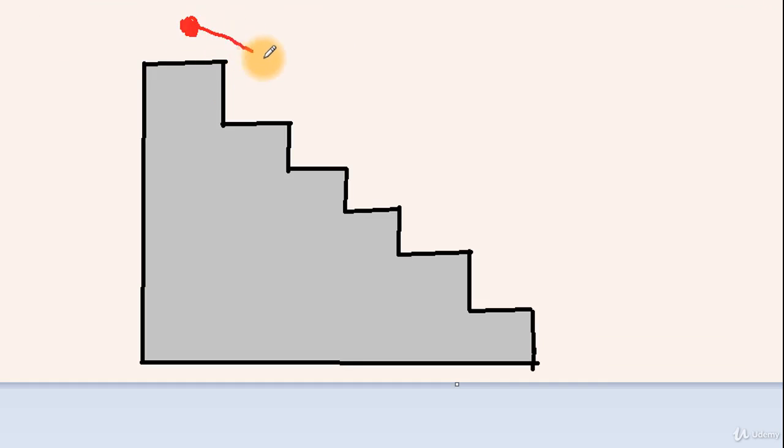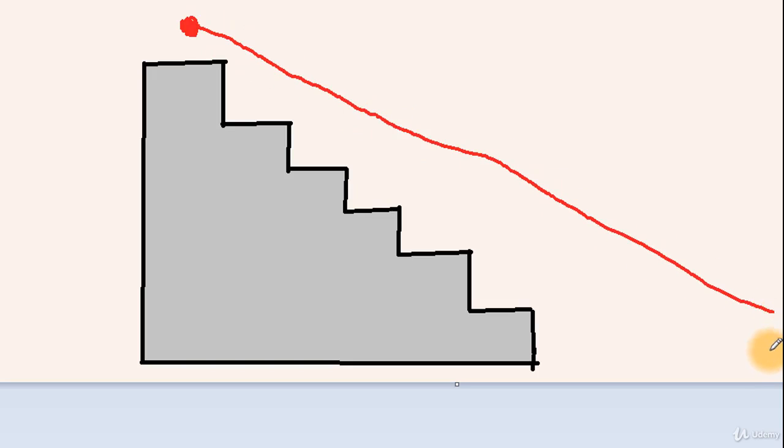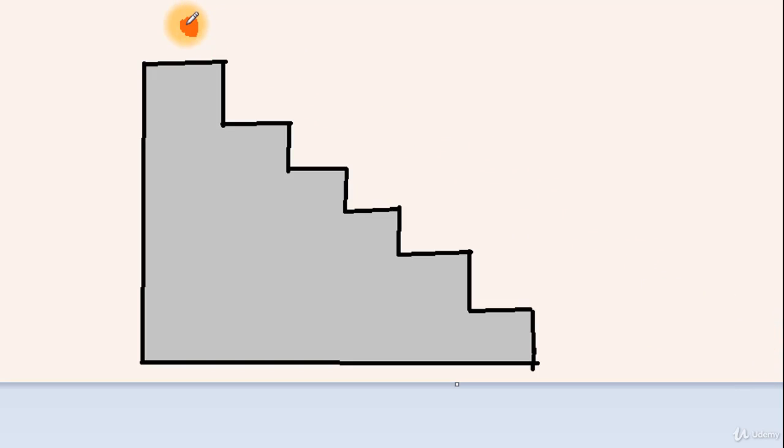Is this ball going to fall in a straight line, or will it fall like this? Probably the second one is the right option, right?